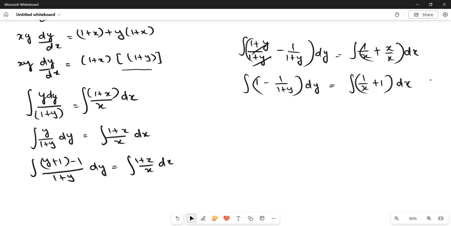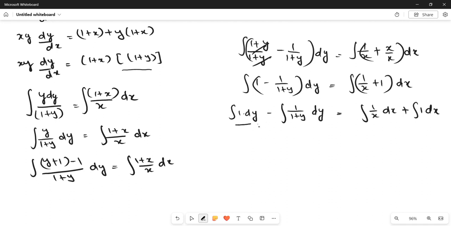Now we will solve it by separate integration: the integral of 1 dy minus the integral of 1 over 1 plus y dy, equals the integral of 1 over x dx plus the integral of 1 dx. As we know, the integration of 1 is y, and the integration of 1 over 1 plus y is log of 1 plus y.